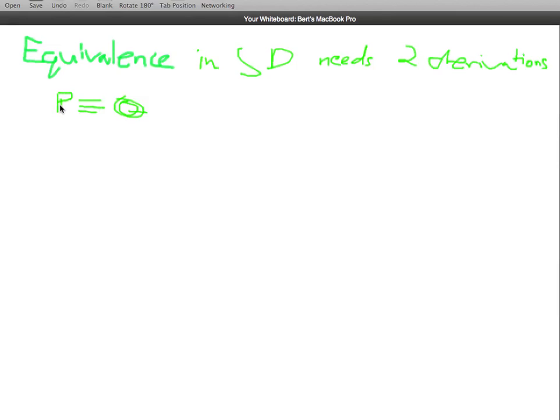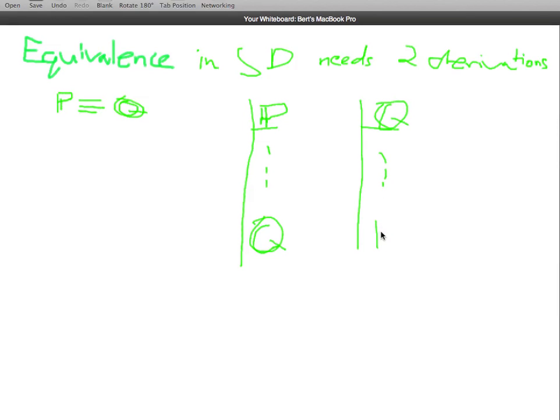I'm saying if P is equivalent to Q, then what I need to do is have one derivation where I assume P as my primary assumption, and I eventually derive Q. And then I need to make another derivation, separate from this one, and I need to derive P from Q as my primary assumption.